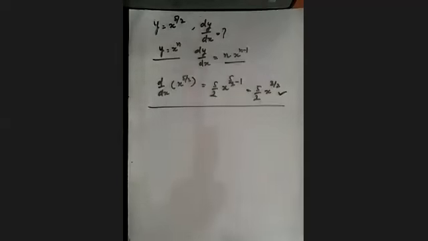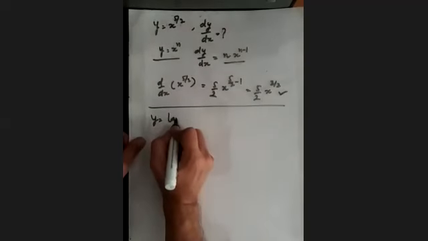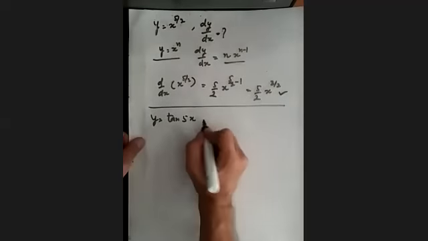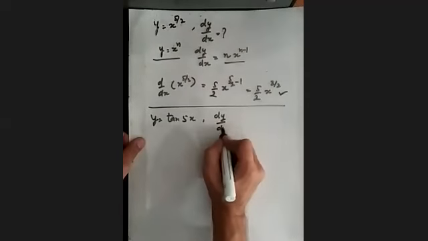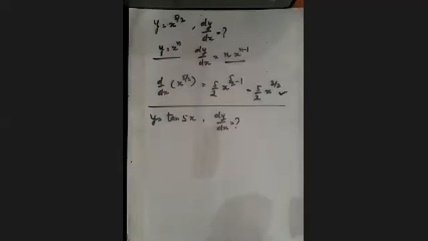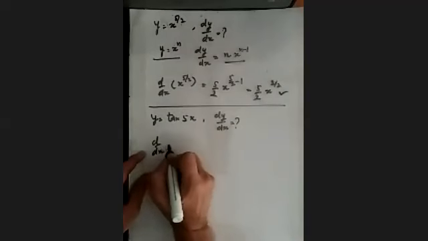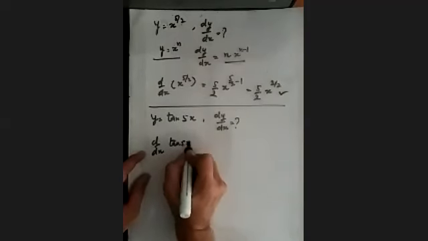Okay, so let us solve one more. Differentiation, y is equal to tan 5x. We have to find out dy by dx. So differentiate dy by dx of tan 5x.